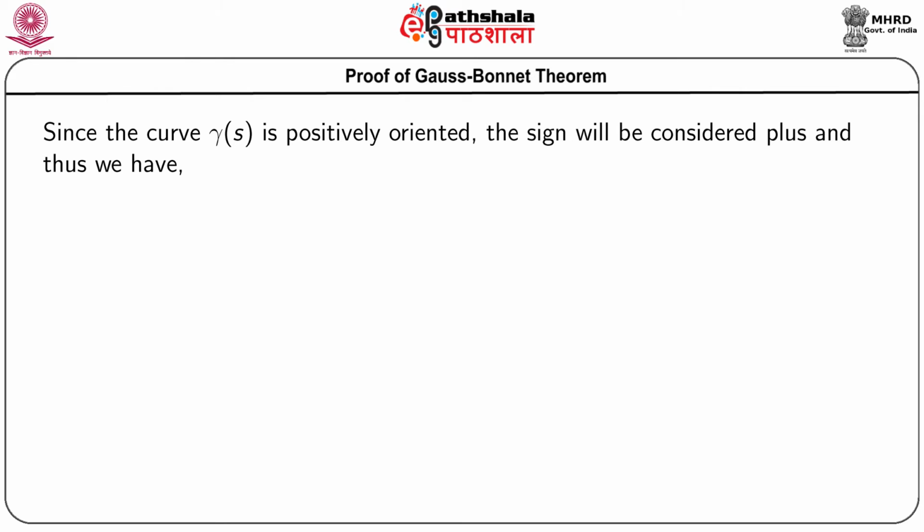Now, since gamma s is positively oriented, we have stated in our theorem that gamma s is positively oriented, the sign will be considered plus.